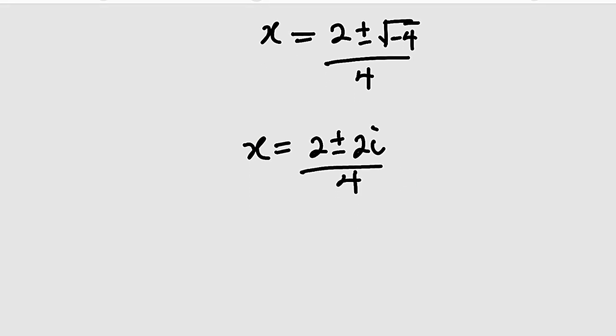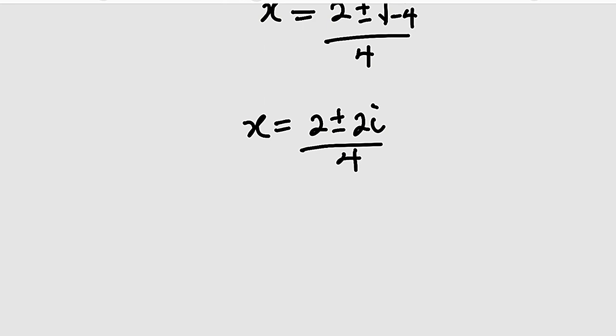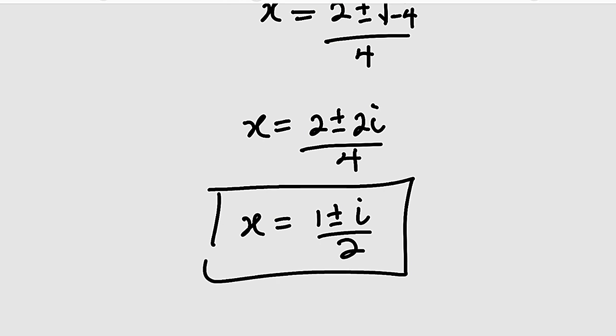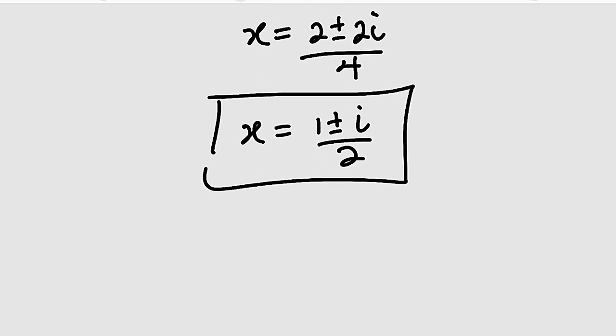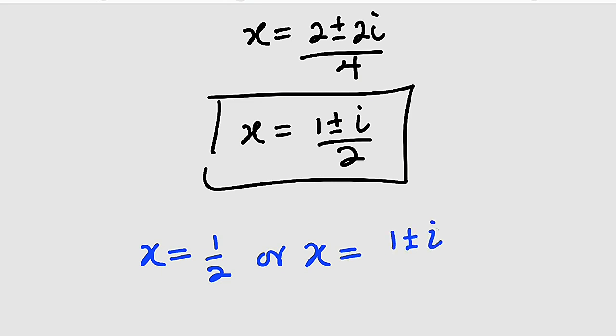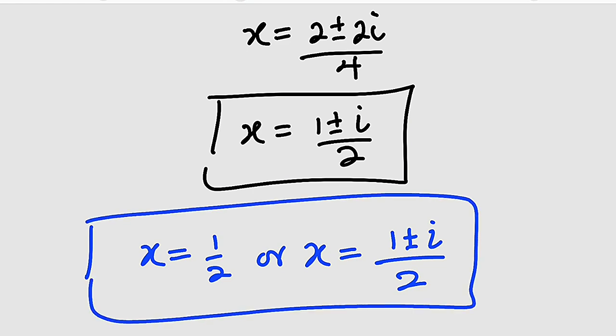Divide both the top and the bottom by 2. x finally will be equal to 1 plus or minus i, divided by 2. And hence this is the second solution, which is a complex solution. So finally we can conclude that x could either be equal to 1 divided by 2 or x equal to 1 plus or minus i, divided by 2. These are the solutions to that problem.